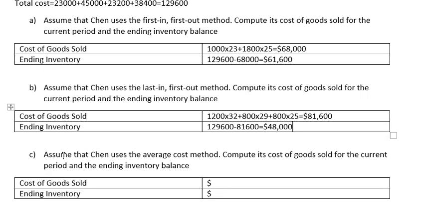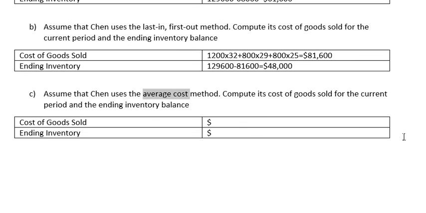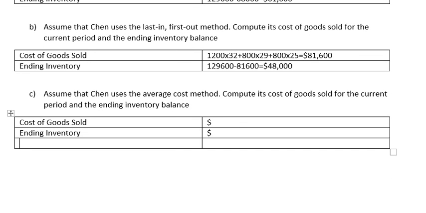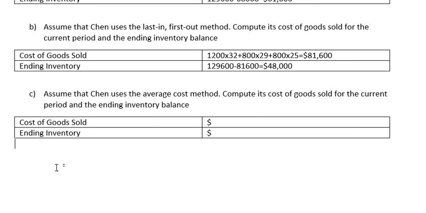The last one is the average cost. To calculate the average cost, we need to find the average cost per unit.